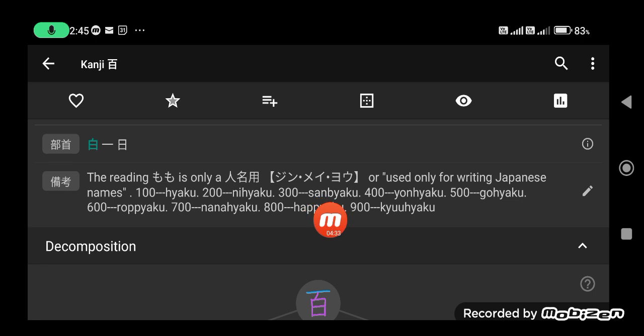So byaku, because the dakuten form for hyaku is byaku. So that's the repercussion of kanji compounding. The second or third reading receives the dakuten form for that particular reading of the non-first kanji. So just like here, san byaku, not san hyaku.